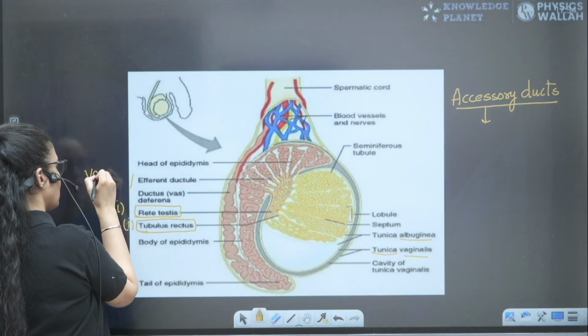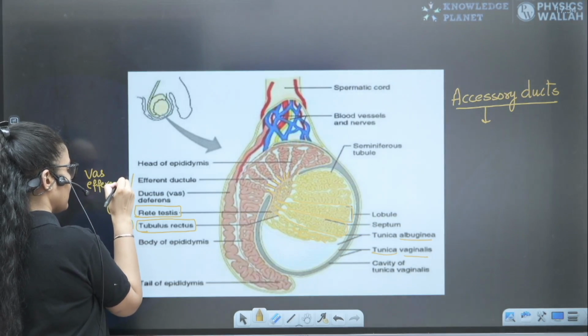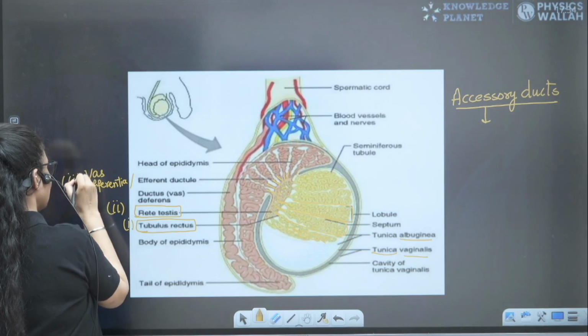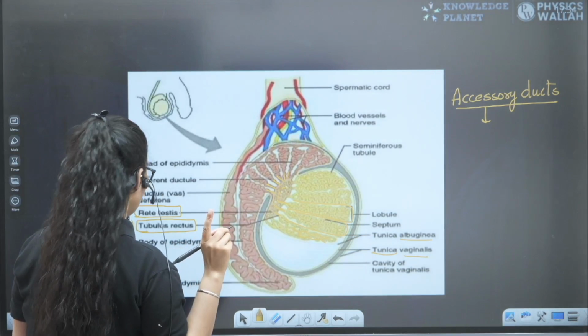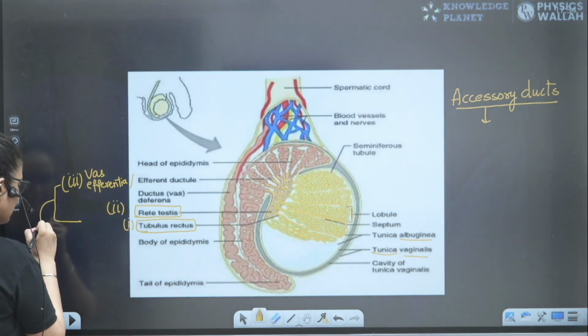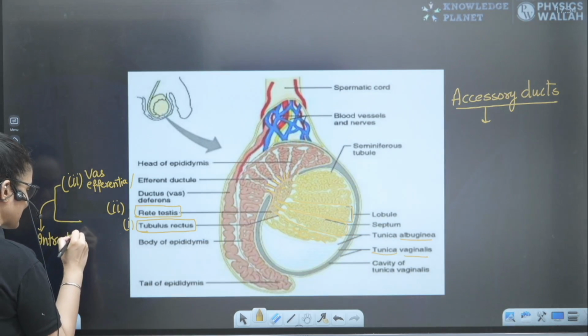This is the third duct. You have to remember one thing: all these three ducts are considered intratesticular because they are present inside the testes.